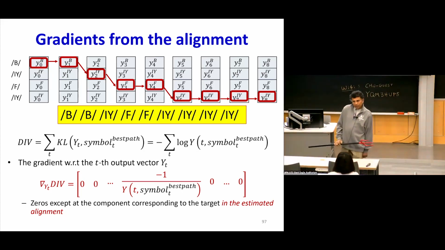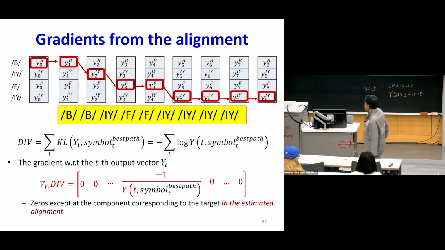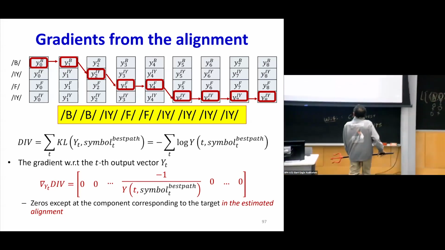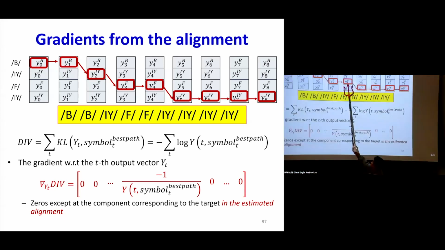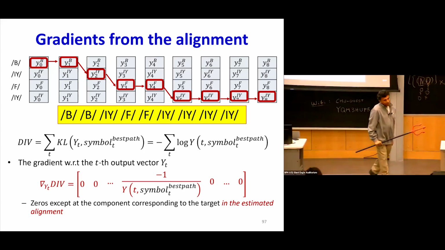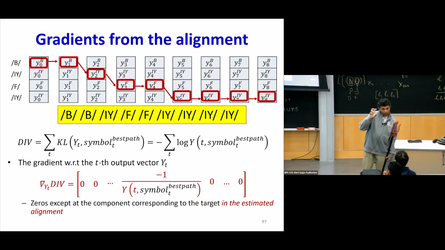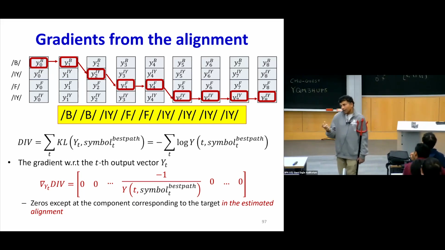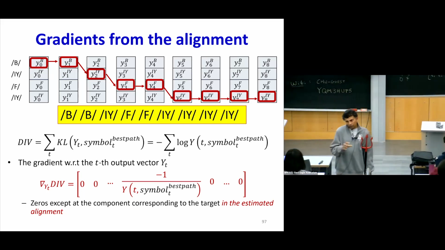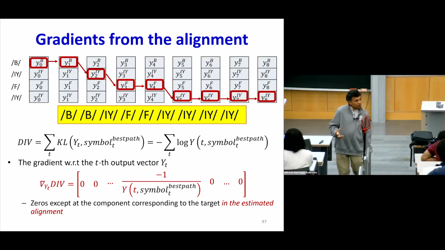So if you look at time, say here, 4, your target is now F. So the derivative of the global divergence with respect to the network outputs, as we know from previous classes, is simply going to be minus 1 over YFF, right? Just the one symbol. So you only get a non-zero derivative for the class label. For all the rest, the derivatives we know are 0, right?